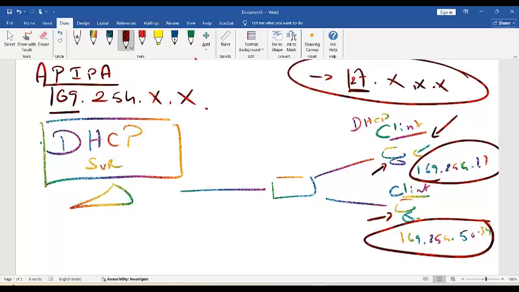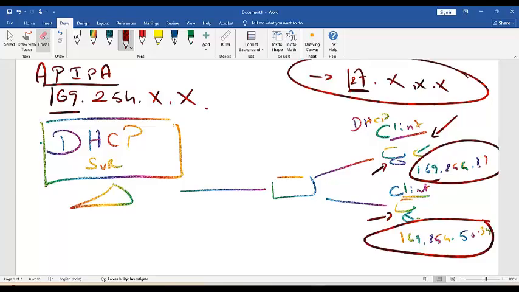So it is private, and it is an Internet Protocol address: IPA, APIPA. The 169.254 address is an APIPA address.